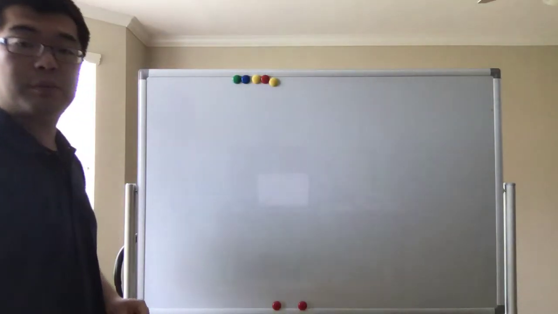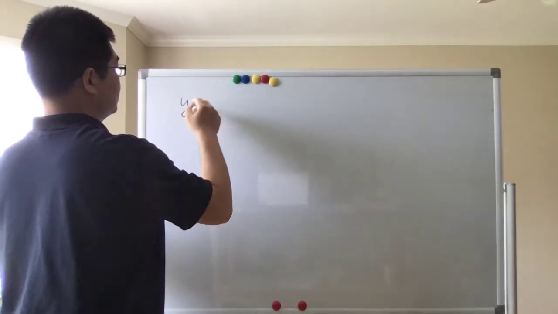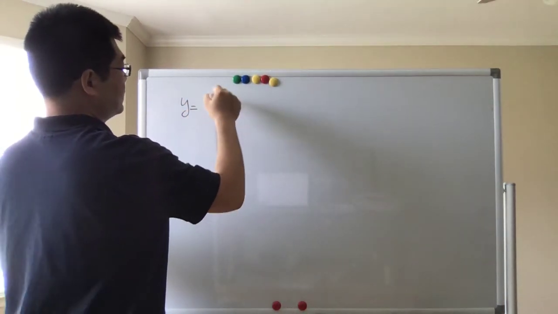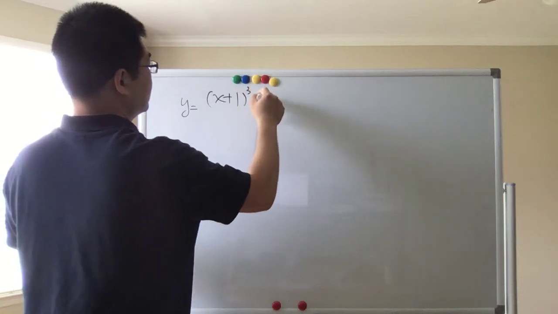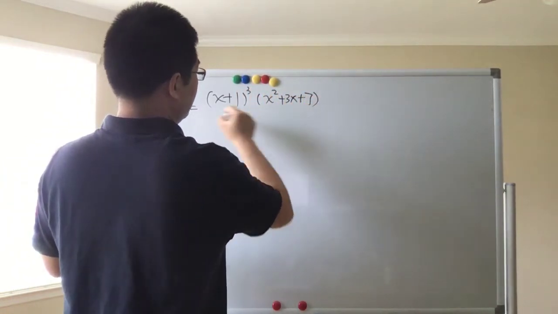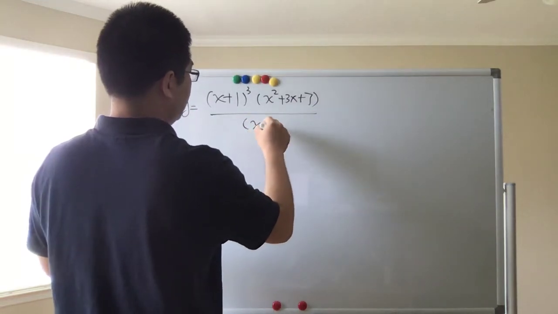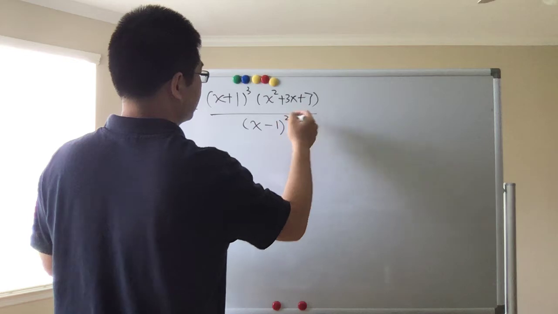Let's look at one example, something like this. y equals (x + 1)^3 times (x^2 + 3x + 7) over, I don't know, maybe (x - 1)^2, something like this.